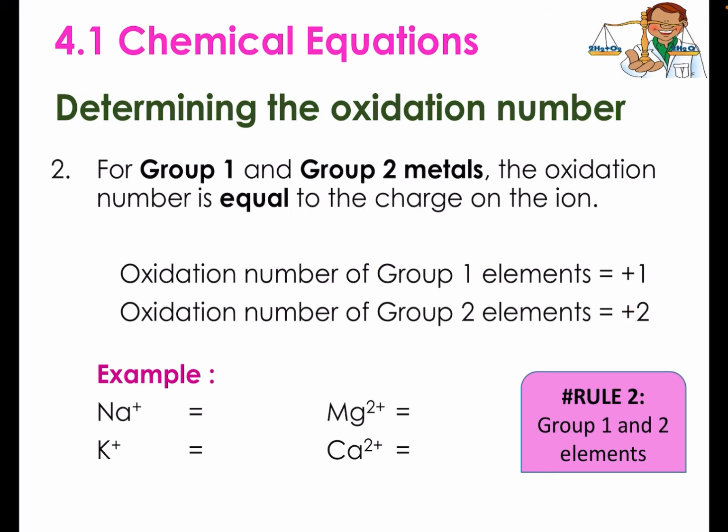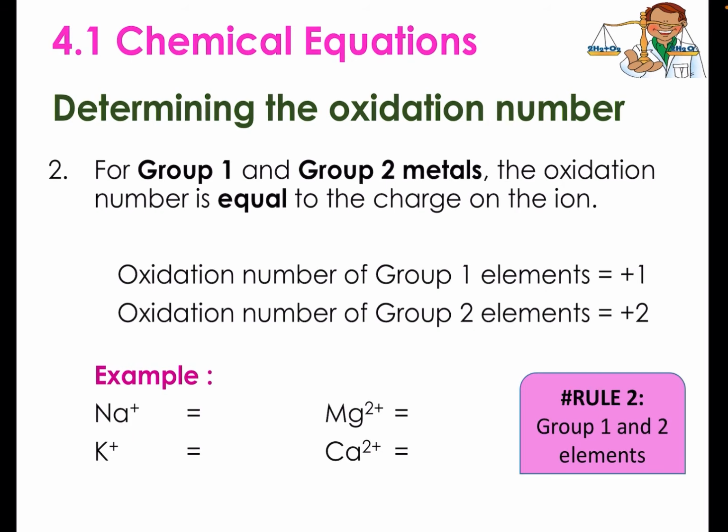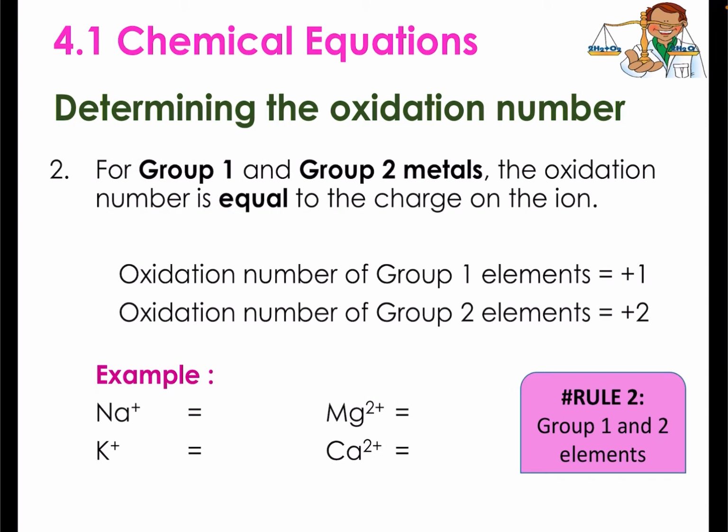For example, Na+, the charge is 1+, but when you write it down, you have to put positive 1. For Mg2+, the charge as an ion is 2+. Nilai nombor 2 tu dekat depan awak punya simbol plus. Tapi as an oxidation number, kita kena letak sign positif tu di hadapan nombor. So it's going to be positive 2. And the same for Ca2+, it will be positive 2.